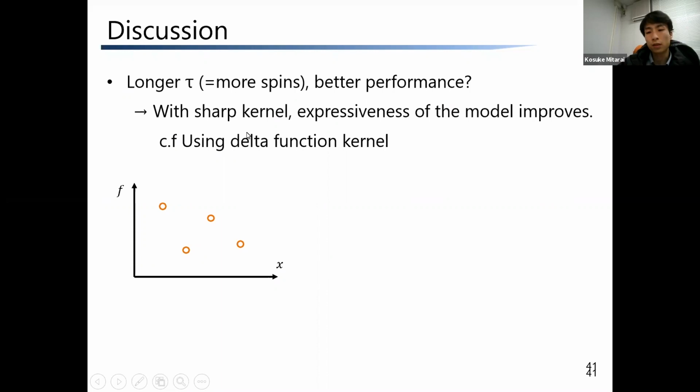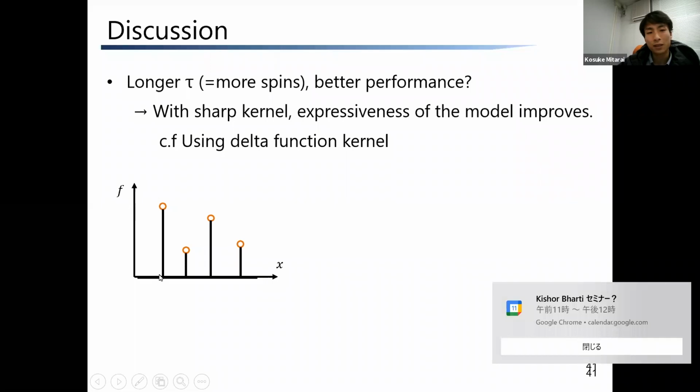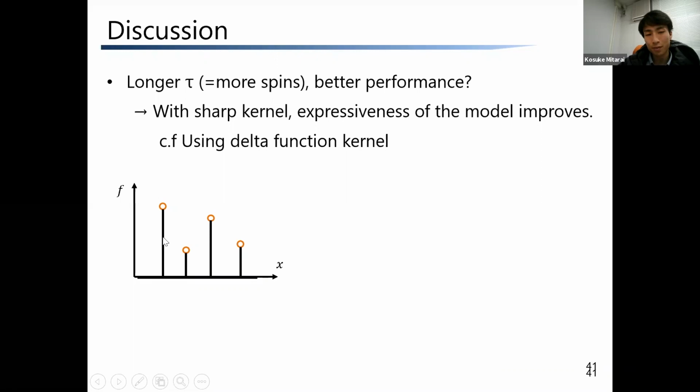But this can be explained by the fact that with a sharp kernel in general, the expressiveness of the model improves, because if we use the delta function kernel, you can create a function like this, where the model predicts the same value as the training data at the point where the training data was given, but at any other point, this f becomes 0, elsewhere than the points where the training data was provided in the training phase.